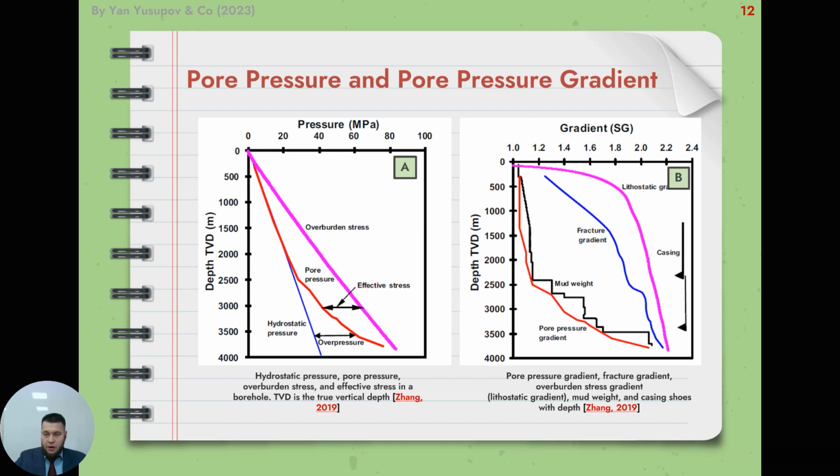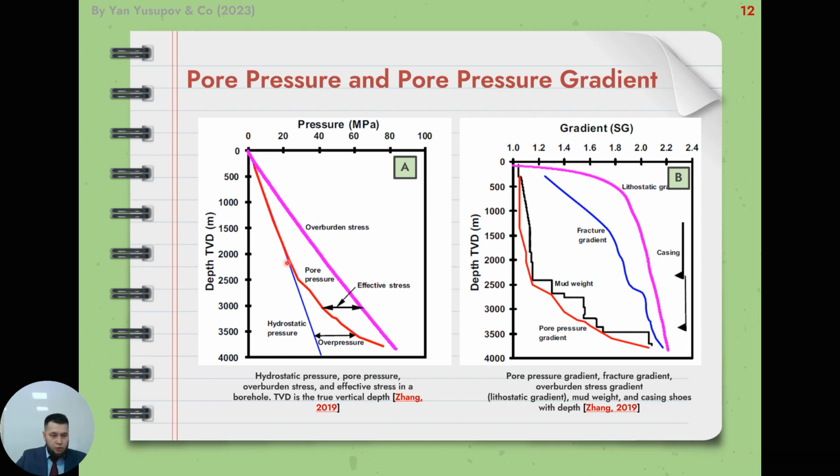The hydrostatic pressure and formation pore pressure in a typical oil and gas well are plotted in the left figure. This is overburden stress, pore pressure, and hydrostatic pressure. This difference is called overpressure. At relatively shallow depths, in this case less than 2 kilometers, pore pressure is hydrostatic, indicating that a continuous interconnected column of pore fluid extends from the surface to the defined depth.